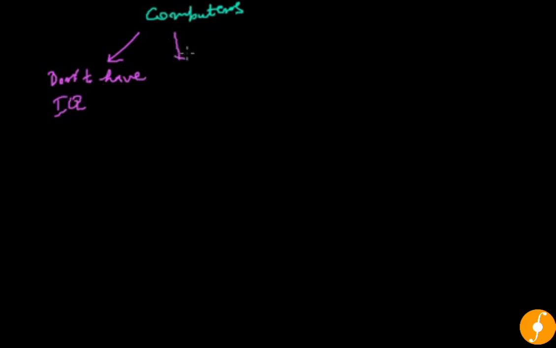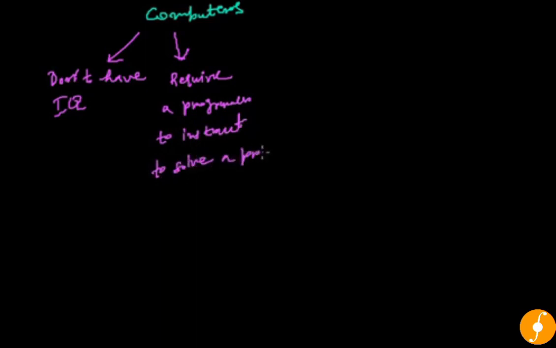So how to do this? As they do not have IQ, they require a programmer to instruct them to solve a problem. This is because the computer cannot think. It's just a machine. It can take input, process it and give you the output.